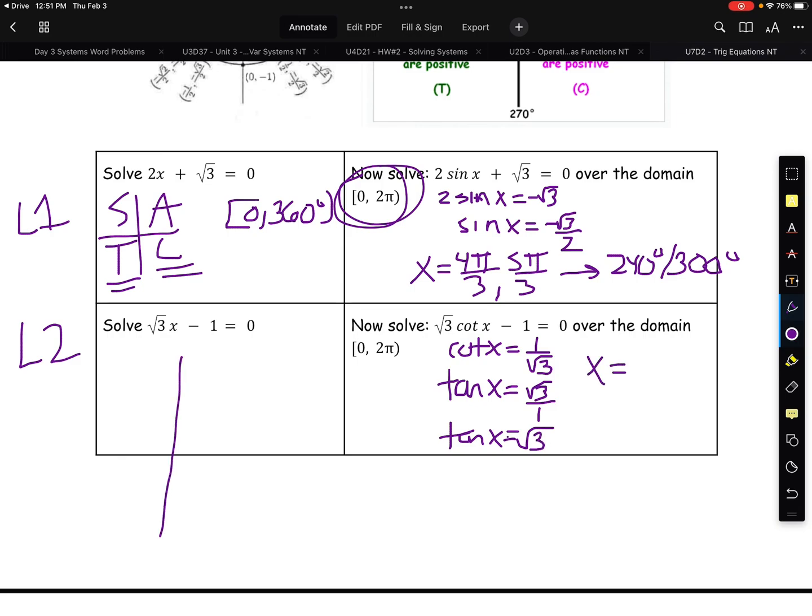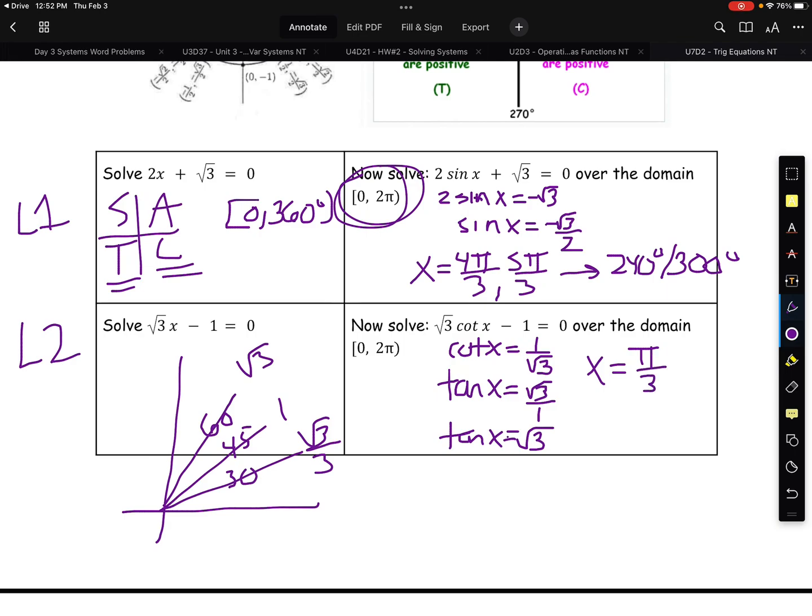On our unit circle, we talked about this, so hopefully everyone has this written down: with 30, 45, and 60, tan of 30 is rad 3 over 3, 45 is 1, and 60 is rad 3. So if we're talking about positive rad 3 here, we got pi over 3 for 60 degrees, and 4 pi over 3 for 240 degrees. Again, same idea, radian or degree measure, same answers, just looking a little different.